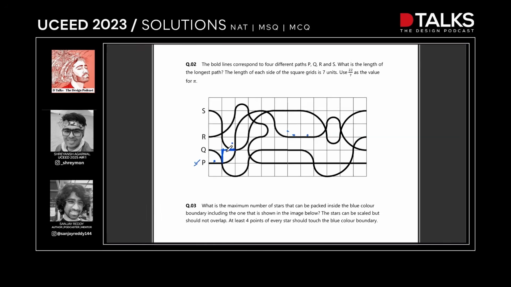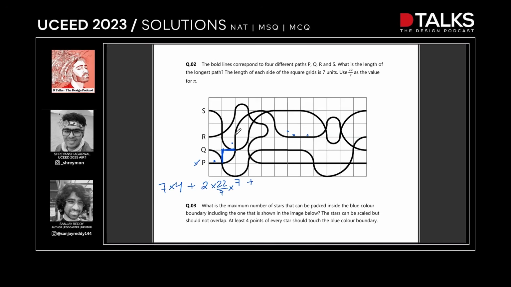So 4 times 1/4 means one circle. So we had four straight paths plus one entire circle. This was 7 into 4. One entire circle is 2 pi r, the circumference of a circle. So 2 times pi times r, plus.